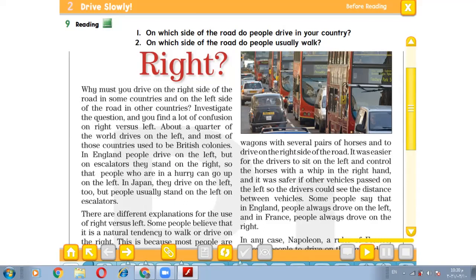In Japan, they drive on the left too, but the people usually stand on the left on escalators. Thank you, Osama.